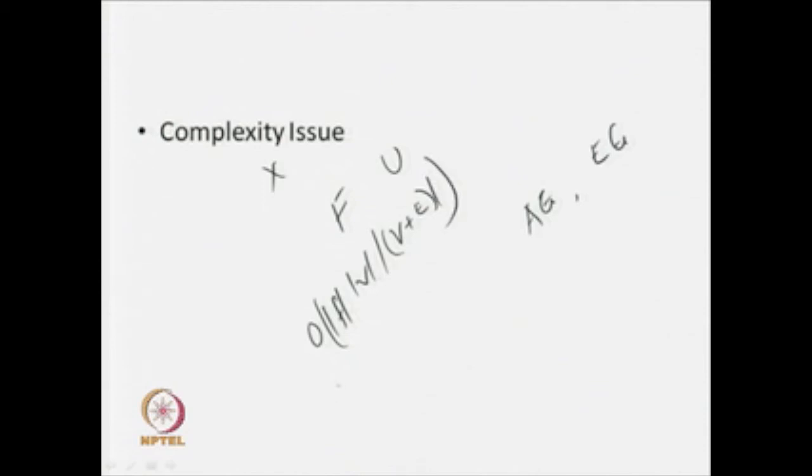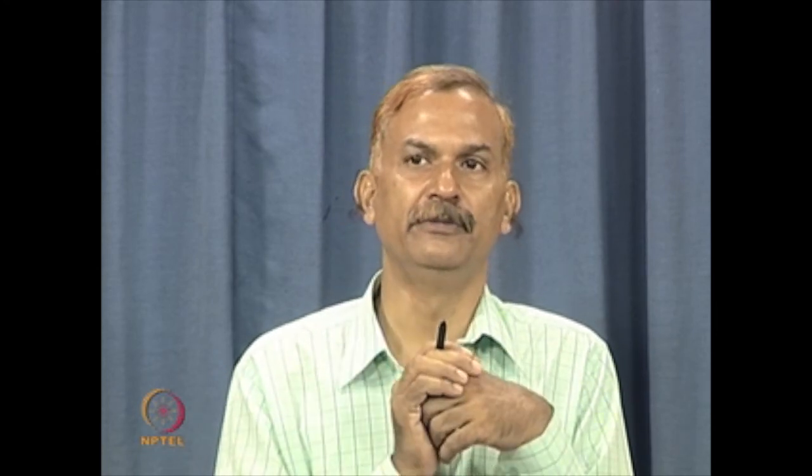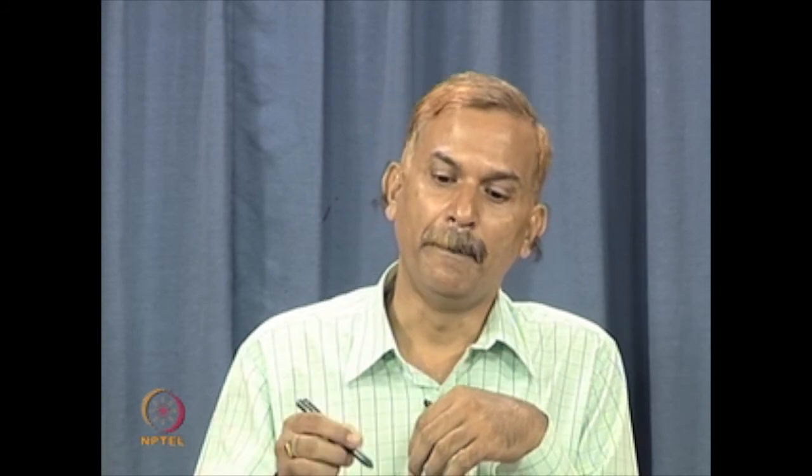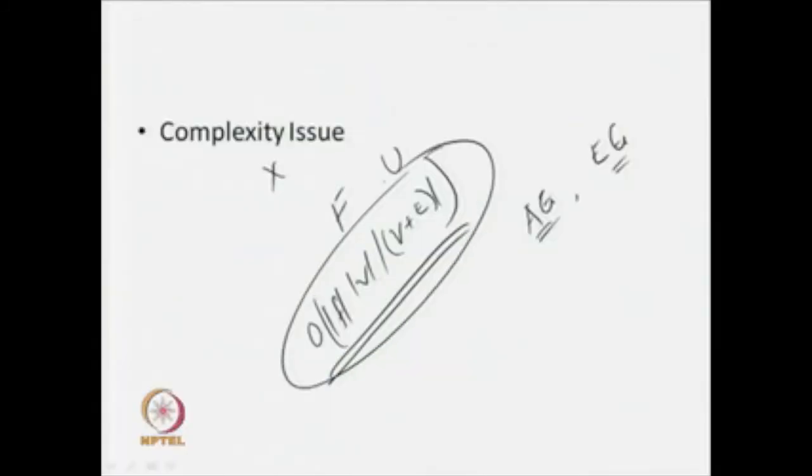Now, if you look into AG and EG, though we are starting from the total state space, again we have to traverse the entire state space. We have to look for each and every state whether any one of its successors or all successors are labeled with EGP or not. So, complexity will remain the same for AG and EG also, but can you improve this particular complexity? Can you do it in some other way?